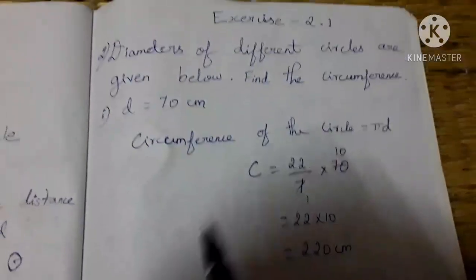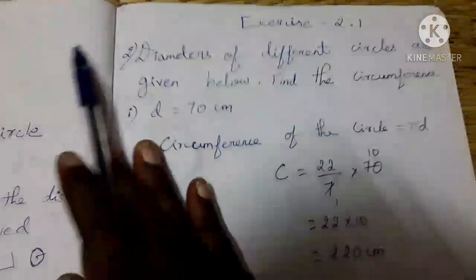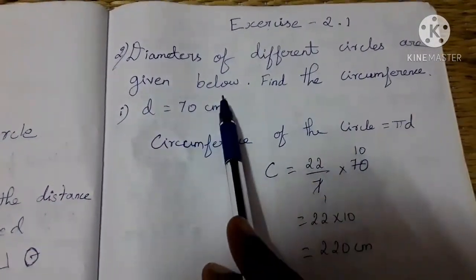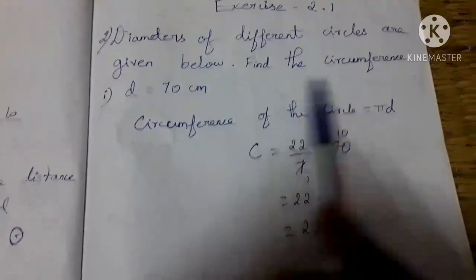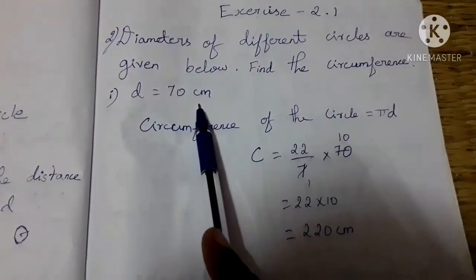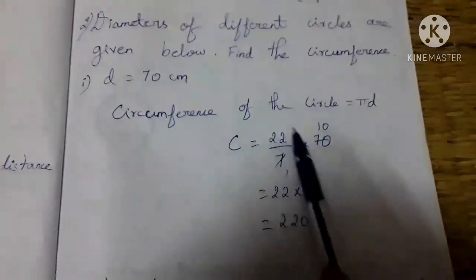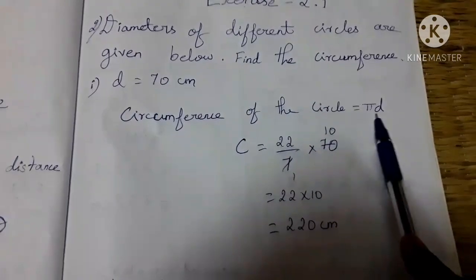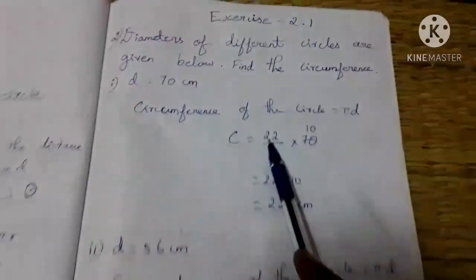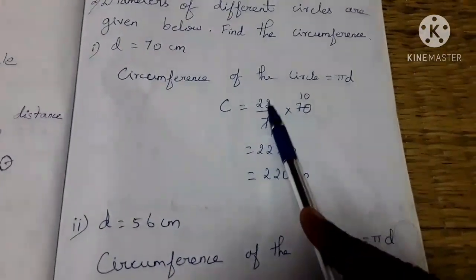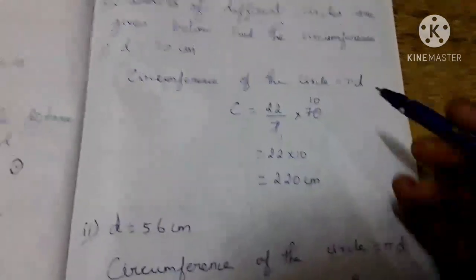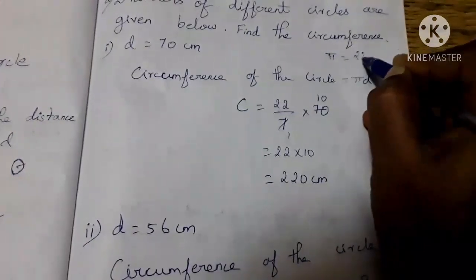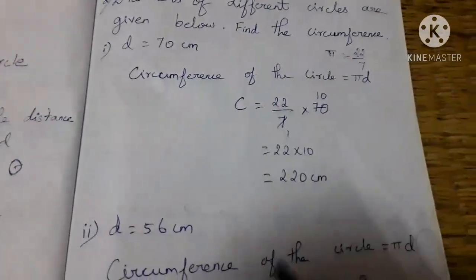In exercise 2.1, question number 2. Diameters of different circles are given below. Find the circumference. So the diameter is given. d is equal to 70. What is the circumference of the circle? If the diameter is given, the formula is pi d. So circumference equals pi value, 22/7. Always here we use pi value 22/7.